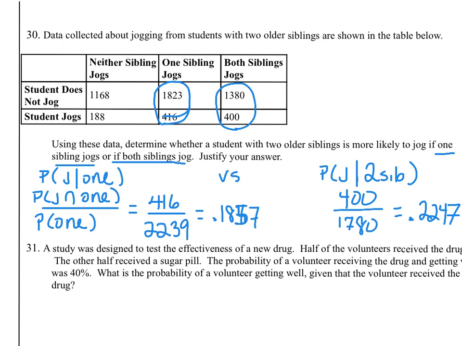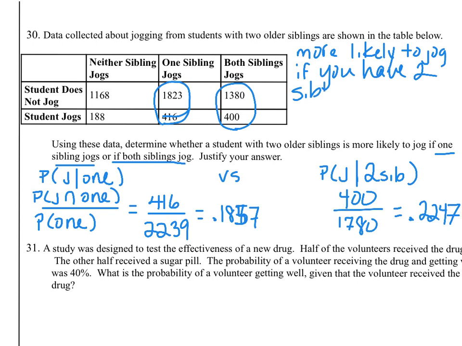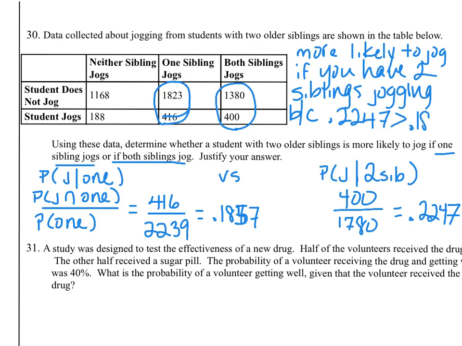Okay, now I am not going to be able to fit all of that in there, so I'm going to try to fit it up here. So we're more likely to jog, because it does say to justify your answer, more likely to jog if you have two siblings jogging because, sorry, my handwriting is nasty, because 0.2247 is greater than 0.1857.